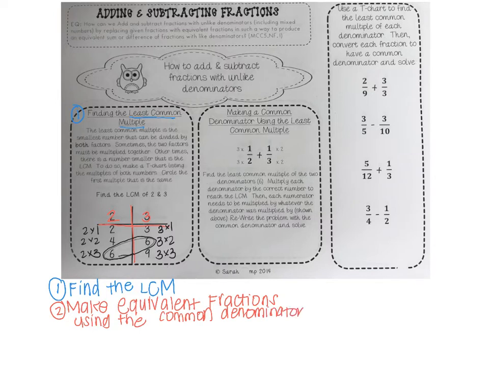So what I'm going to do is change 1/2 into an equivalent fraction with a denominator of 6, and I'm going to change 1/3 into an equivalent fraction with the denominator of 6.